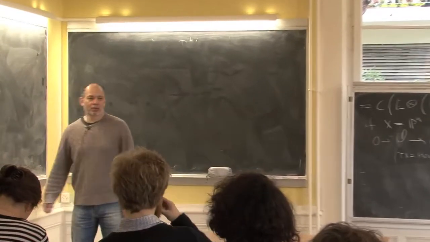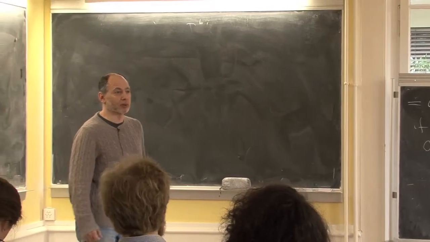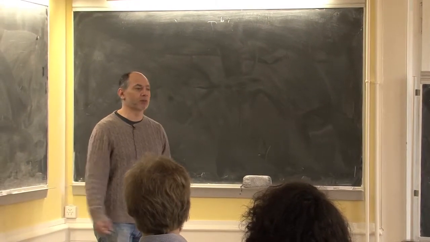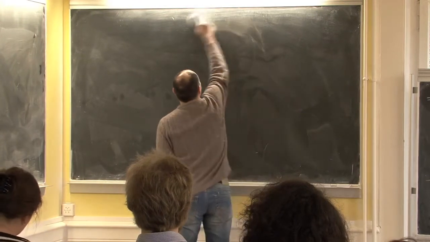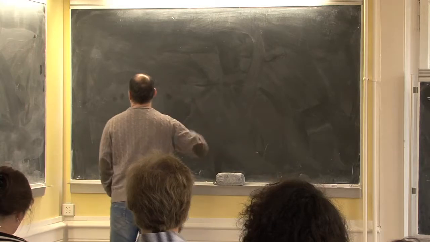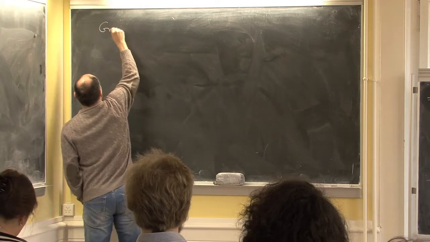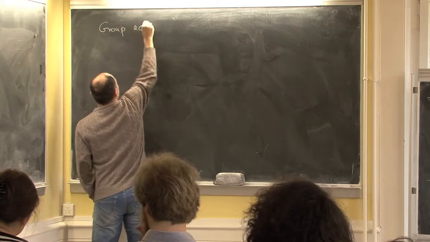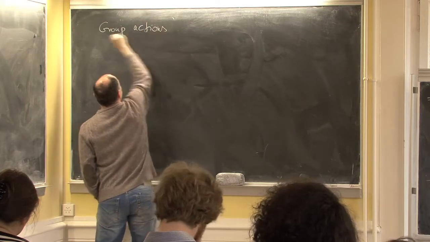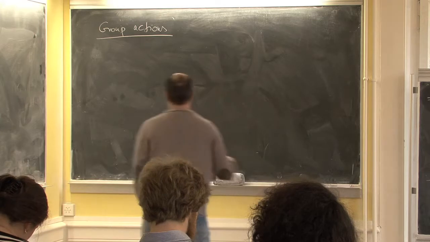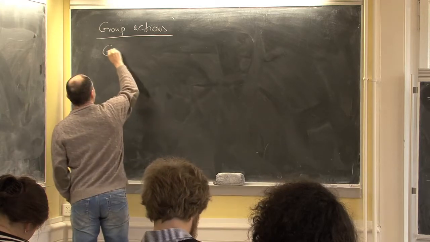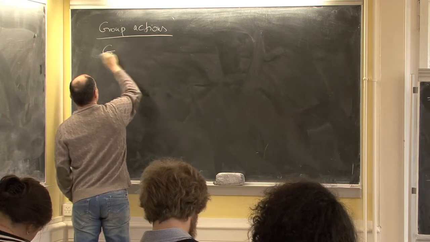So the idea is the following. We will now endow our varieties with a group action. You have a group G.